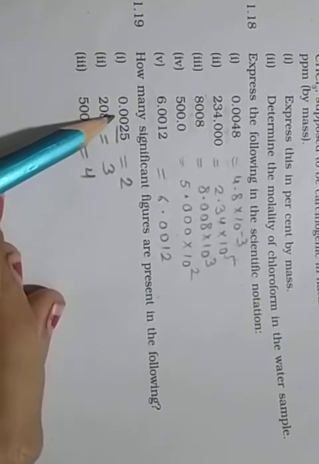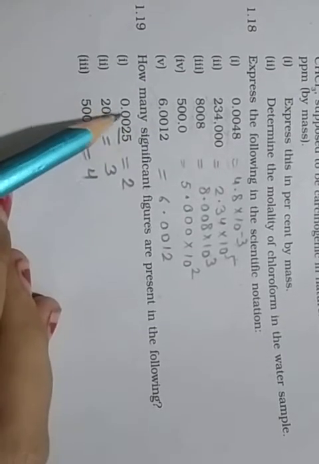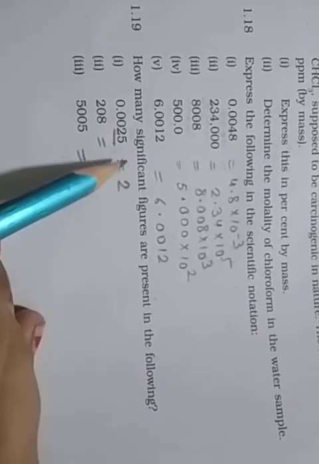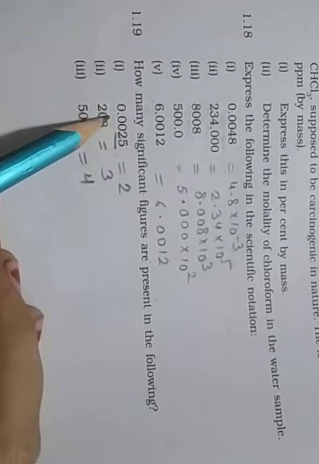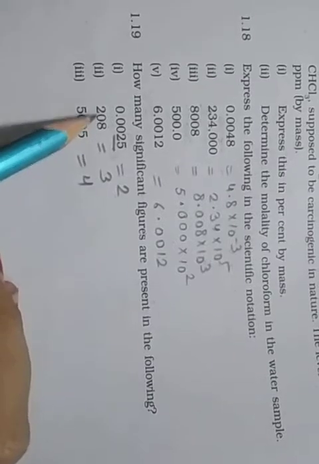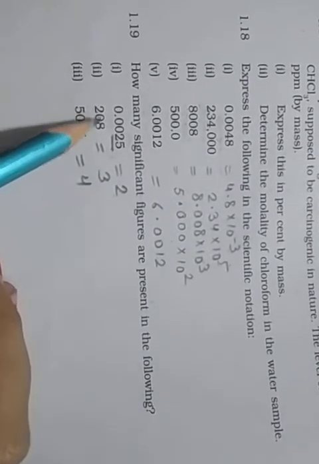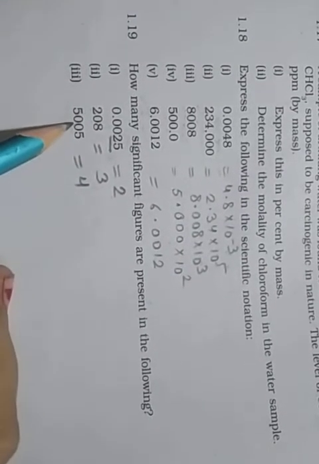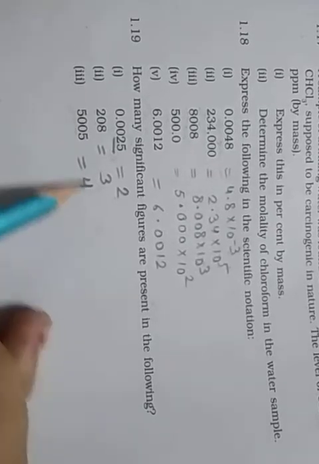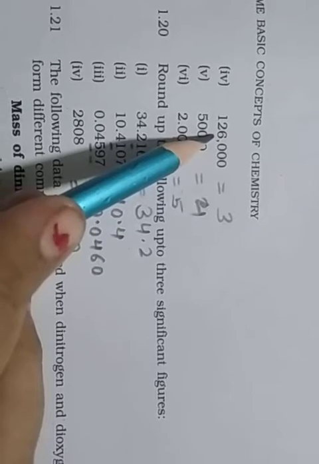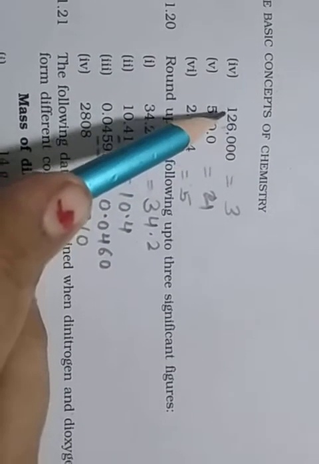Okay, question number 19, how many significant figures are present in the following? Here you see 0.0025, so only 2 and 5 count, because the 0s after the decimal are not counted. If a 0 comes between non-zero digits, then it is counted. Here the 0s are before the non-zero digits, so only 2 and 5, so 2. Then 208, a 0 between non-zero values counts, so 1, 2, 3 significant figures. The 0 between counts, 1, 2, 3, 4, so 4 significant figures. Then 126,000, only 126 counts, so 1, 2, 3.